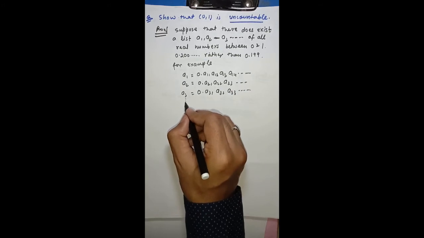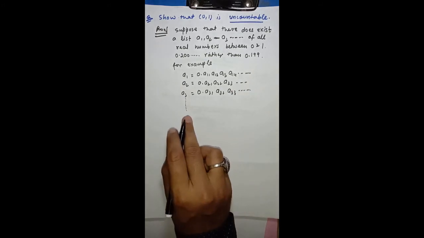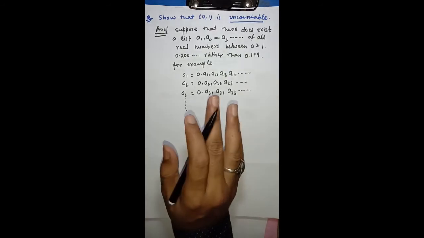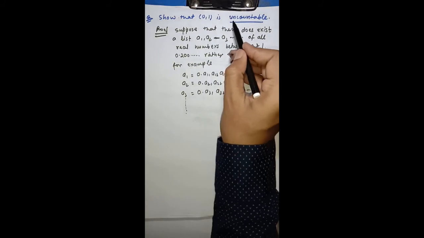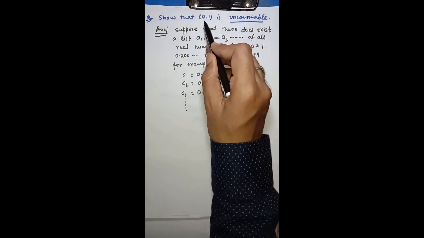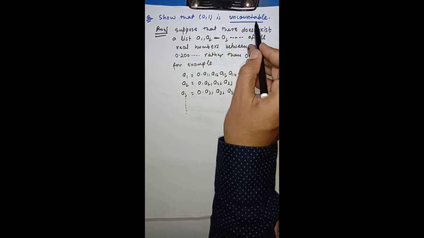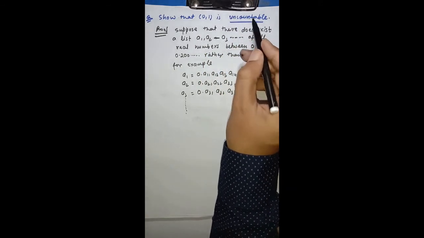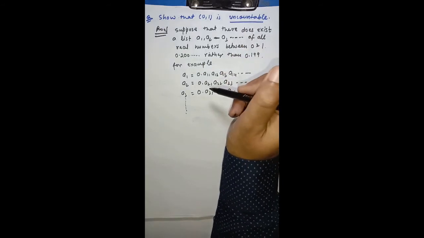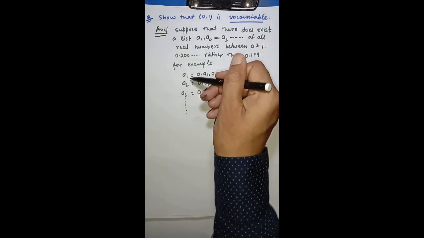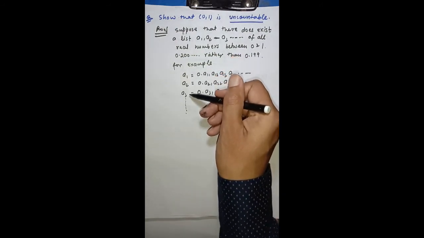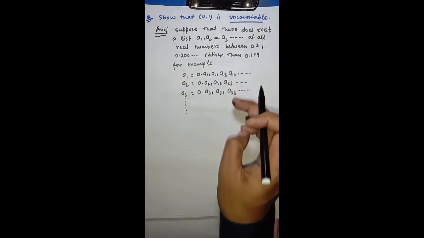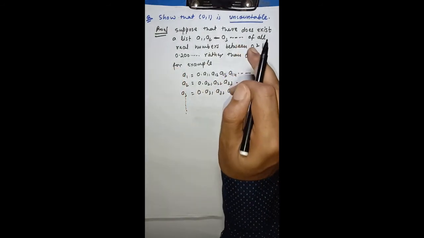Now we have a list of all the numbers. The idea is we have to prove this open interval is uncountable, and we will prove it by contradiction. For the contradiction, suppose it is countable. If it is countable, then we can arrange it in a sequence, that means we can make a list of all the numbers, because we assume the set is countable.